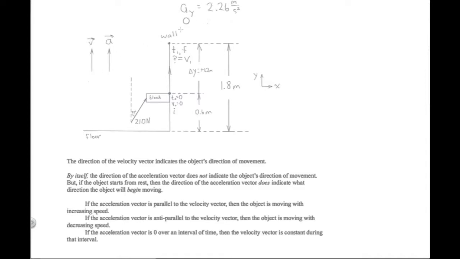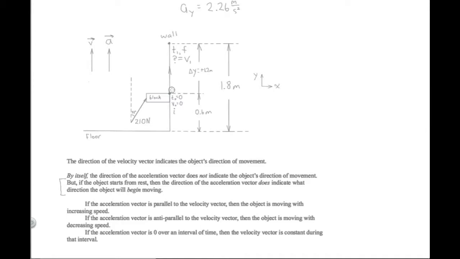Does that make sense? Well, remember the object started at rest at this point, and then it started moving upwards. So it makes sense that the acceleration should be upwards to change us from a velocity of 0 to an upwards velocity. Remember that by itself, the direction of the acceleration vector does not have to match the direction of motion. But since the object started from rest, the direction of the acceleration vector in this problem does indicate what direction the object should begin moving.